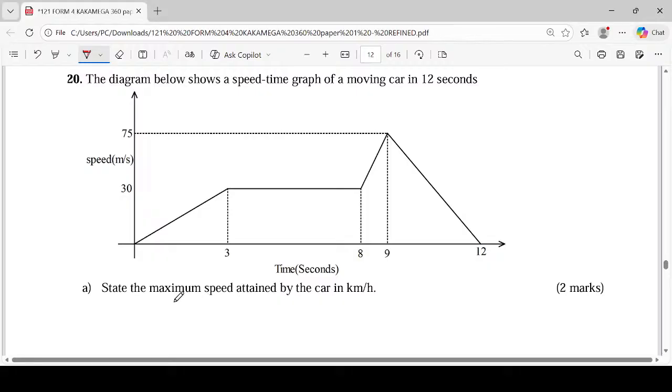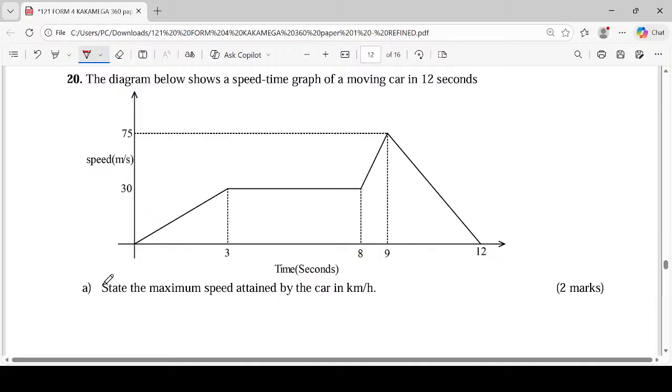The diagram below shows a speed time graph of a moving car in 12 seconds. So when you look at the question keenly, it's a velocity time graph.